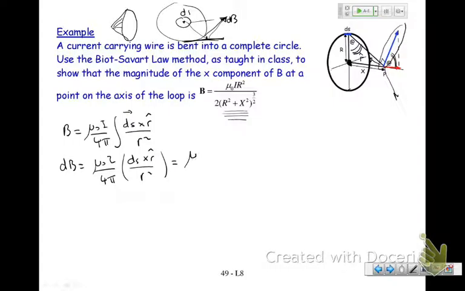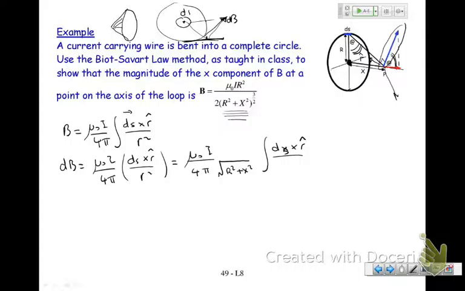So this equals mu naught I over 4 pi. My r is constant, but my r is going to be equal to the square root of r squared plus x squared times the integral of ds cross r. Okay?